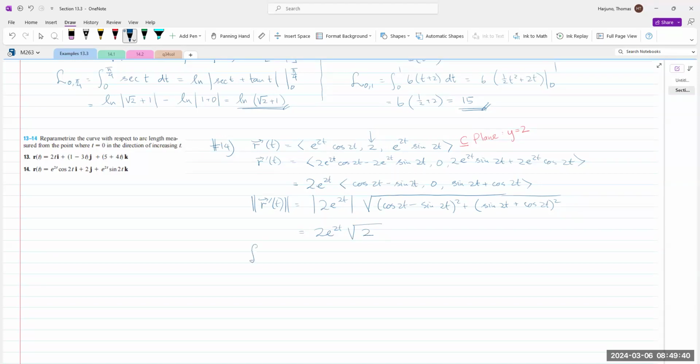So the arc length function from t equals 0 to t will be the integral from 0 to t of 2e^(2u) square root of 2 du, which will give us square root of 2 times e^(2u) from 0 to t.